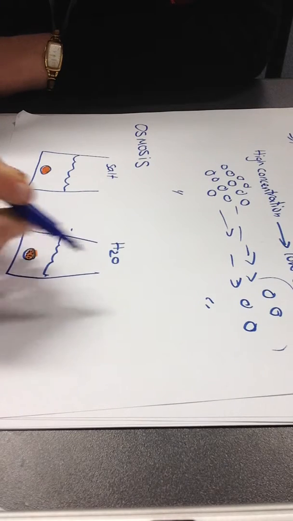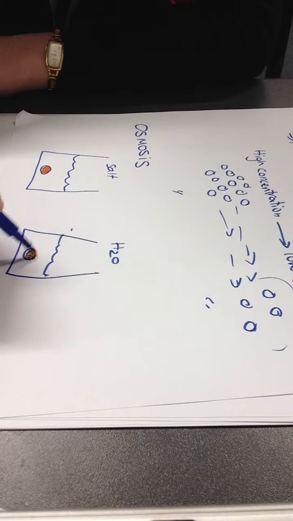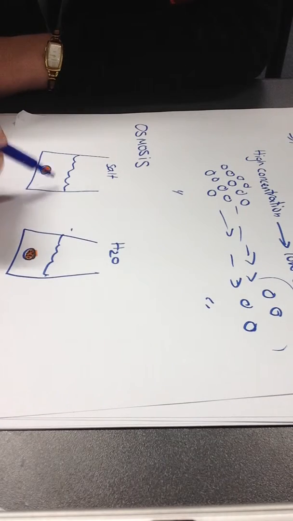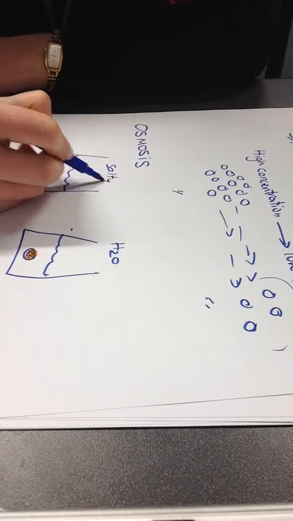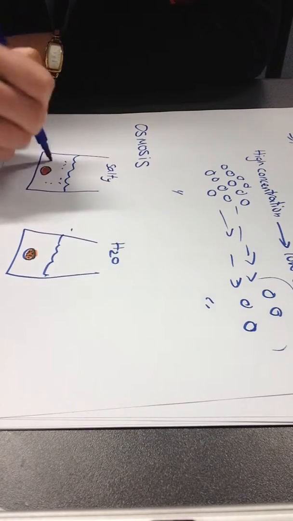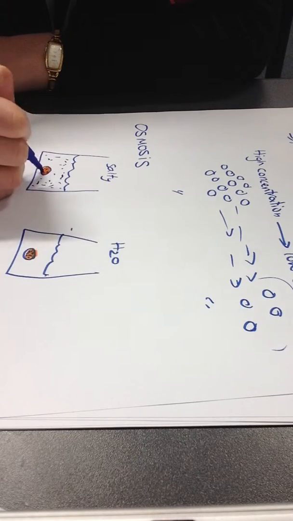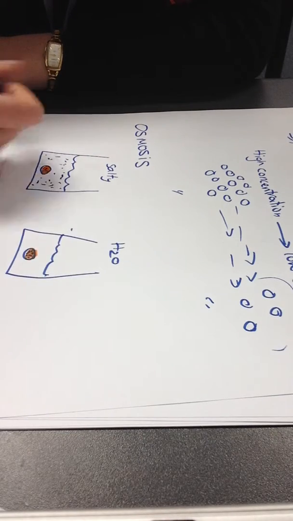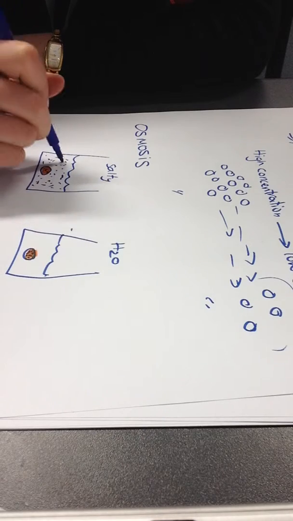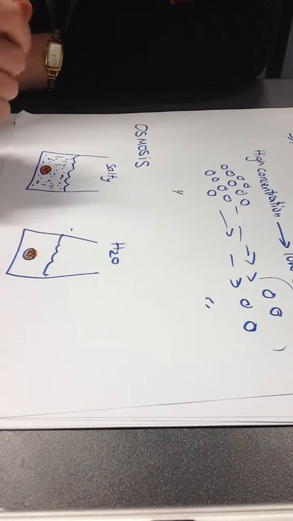Outside there's no sugars because it's pure water. In comparison, if this is really super salty water, you've still got a few salts inside of the carrot, but way more outside.